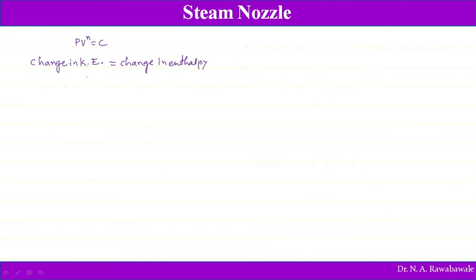So here velocity increases and enthalpy decreases. That is nothing but the reduction in enthalpy being converted into an increase in velocity, and that is equal to the polytropic work.